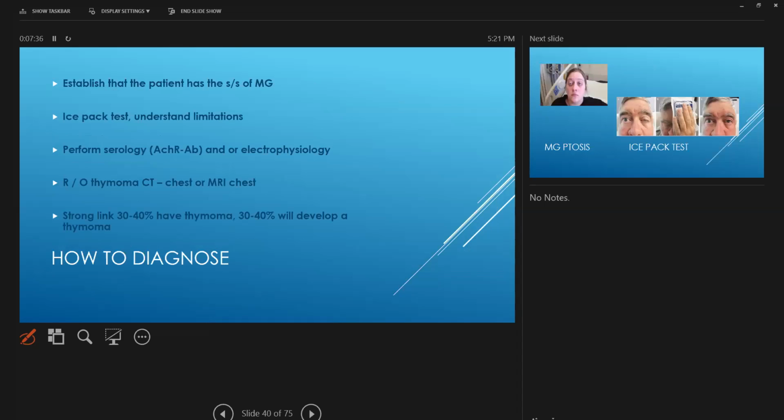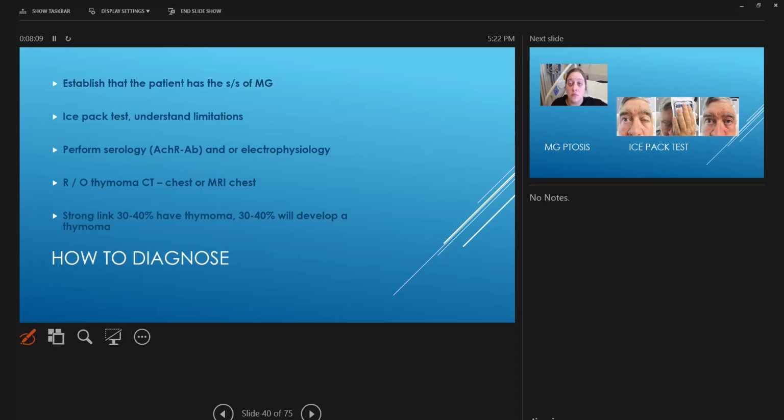So we want to establish that the patient has signs and symptoms associated with myasthenia gravis. We can try the ice pack test, and that is confirmatory, but does have some limitations. Also, the serology for ACH receptor antibodies. Or we can do electrophysiology with like an EMG or a muscle study. And then we want to rule out thymoma with a CT chest or MRI chest imaging.